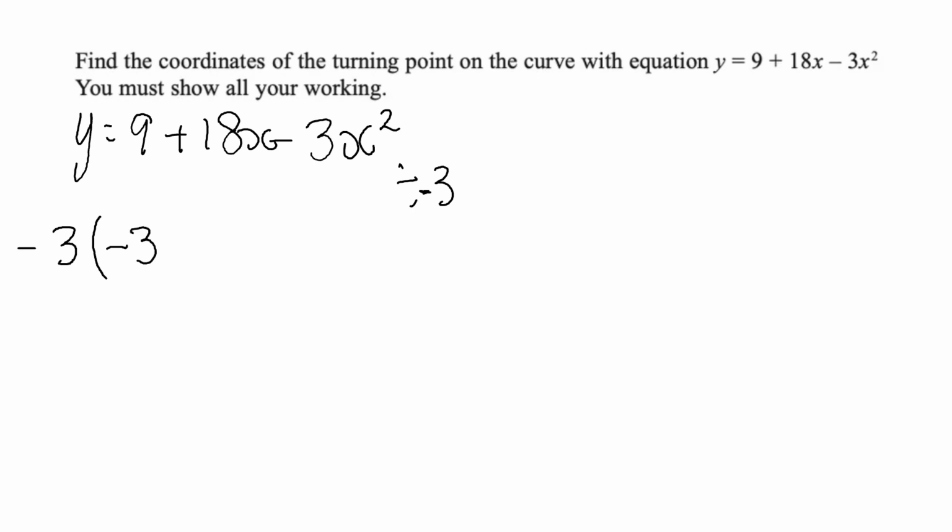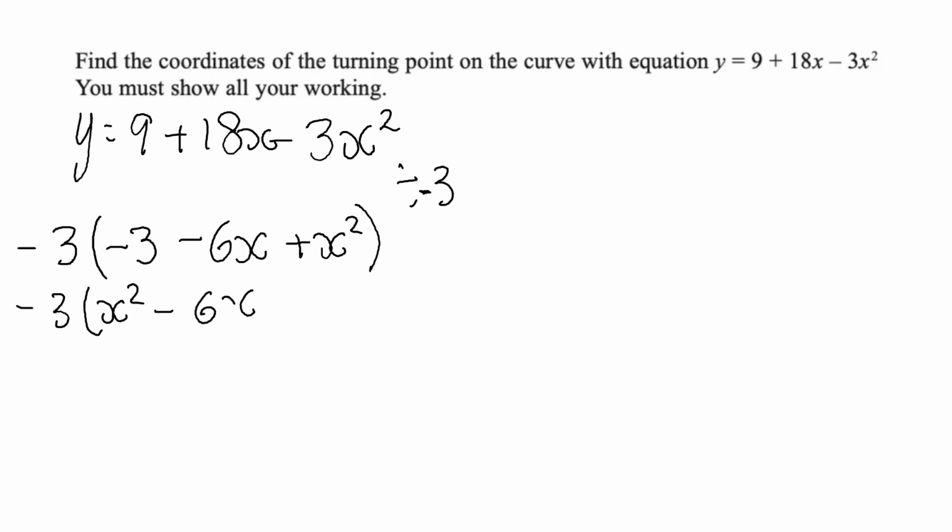To get 18x positive, I am going to have negative 6x. And then I'm going to have my positive x squared. Now I'm just going to rewrite this so that it's in the correct order that we're used to. So we've got negative 3, x squared, subtract 6x, subtract 3 inside my bracket.